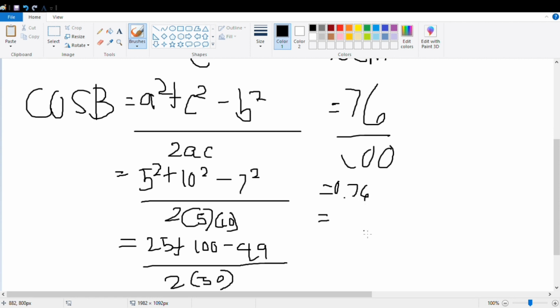Now, after we do the shift cosine function, we get our final answer, which is 40.53 or 40.5 for angle B.